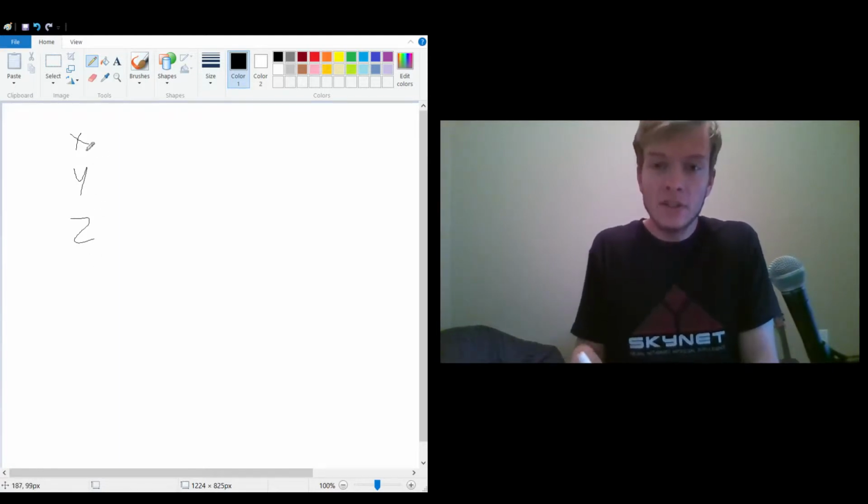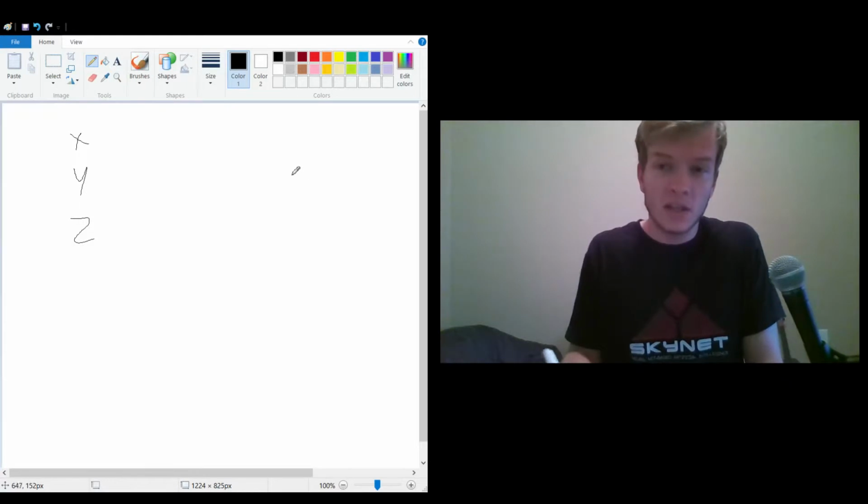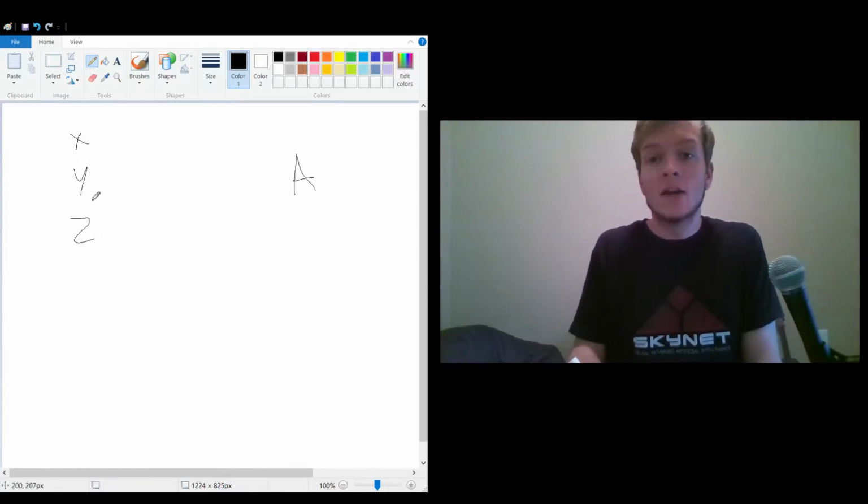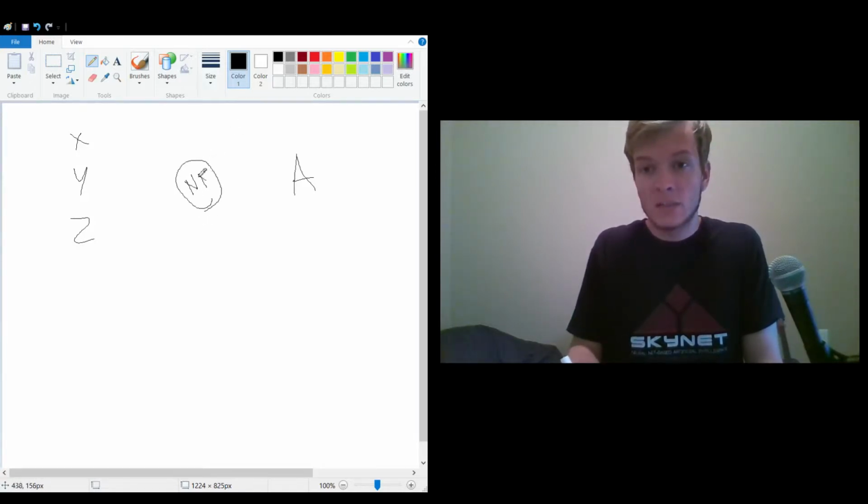So I have the original input variables. Now these input variables are trying to explain some variable, I don't know, A. And so we have X, Y, and Z, and the neural network is trying to explain A using these three inputs.